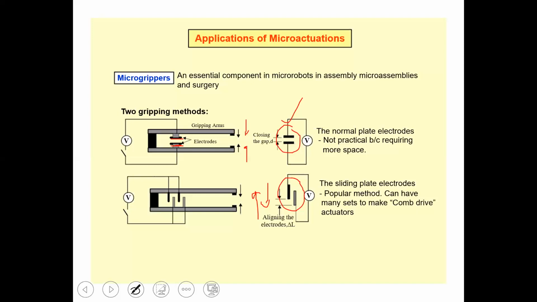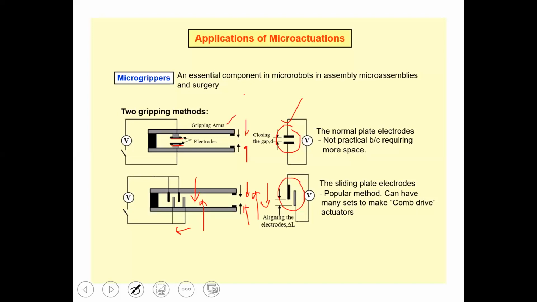So here they are using it as an actuator. When they move, sorry, not in this direction, in this direction, the jaws will again close. So this is how you can utilize gap closing.